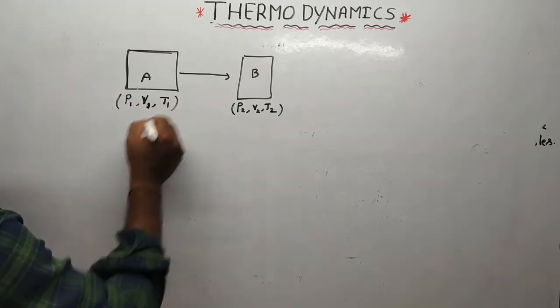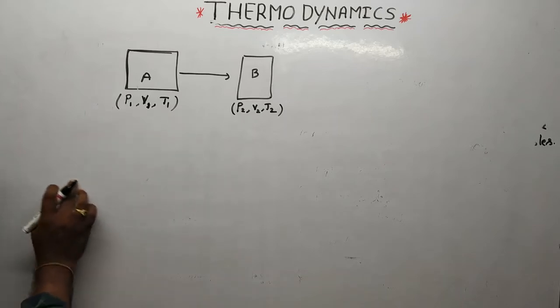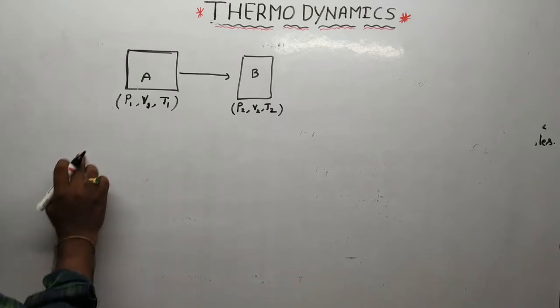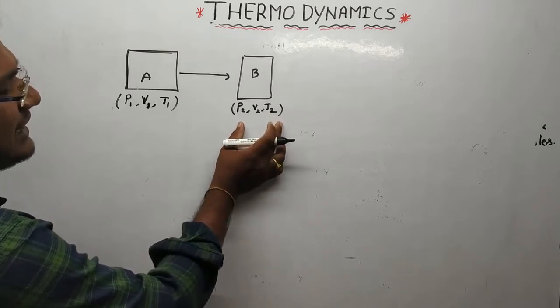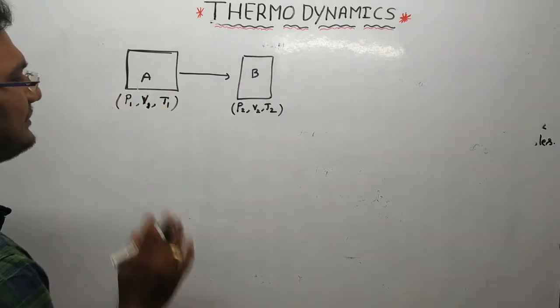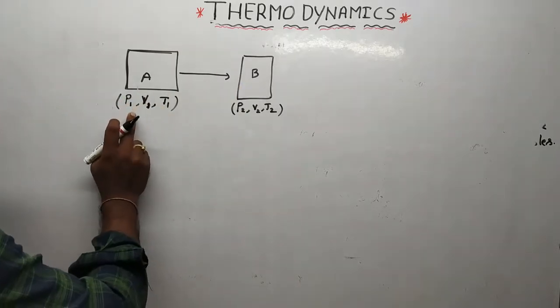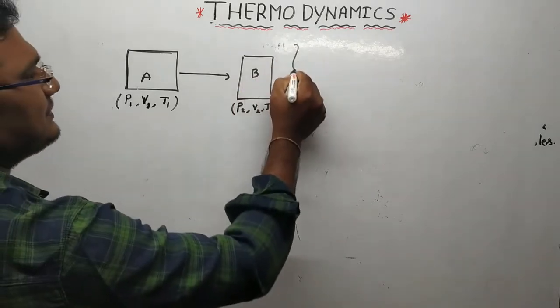P1, V1, T1 are the thermodynamic variables of the system when it is in state A. P2, V2, T2 are the thermodynamic variables when it is in state B. The change in the thermodynamic system will occur in the following ways.